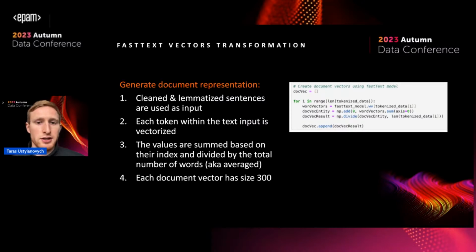We have cleaned lemmatized sentences, then we vectorize them and obtain word vectors, and for each word in a particular document, we just sum their vectors up and divide by the total number of words. Which is sort of like averaging the word vectors of a document, and that's it. And at the end of the day, each document also has a vector size of 300.